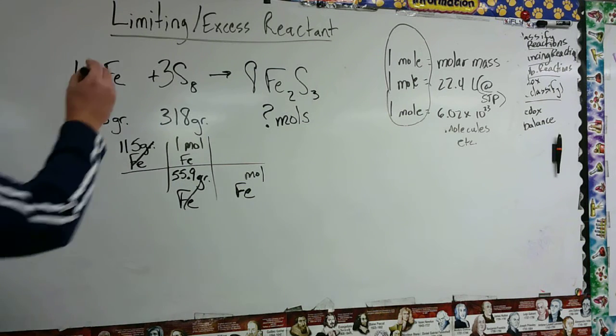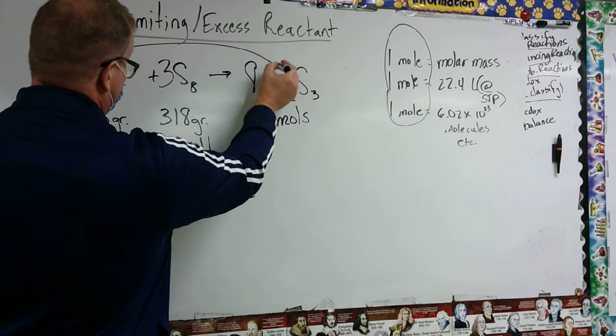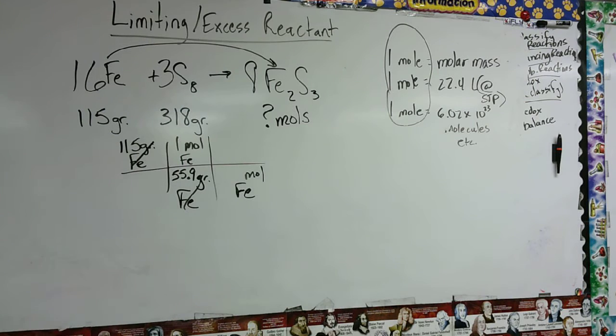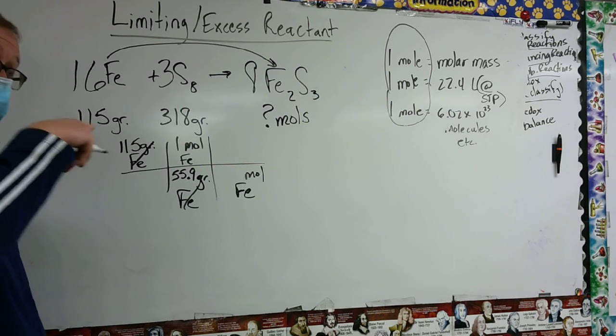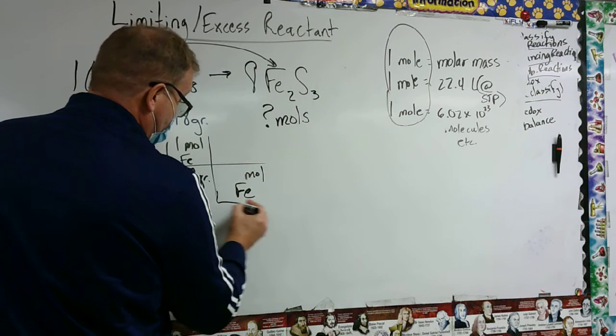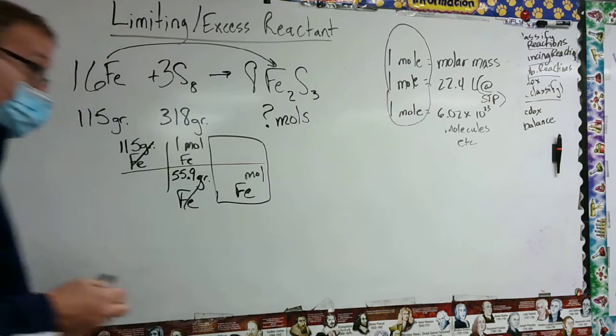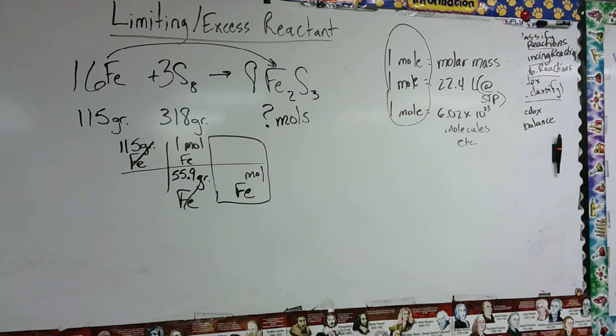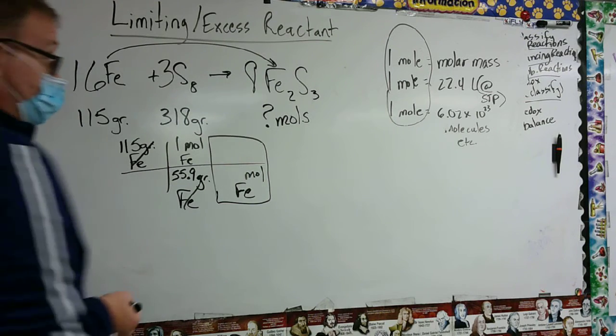Isn't that my only place I can go from here over to here? Do you agree? We call this a switchover. So I'm going to put this in a box. And then we'll do our mole thing, right? Mole.